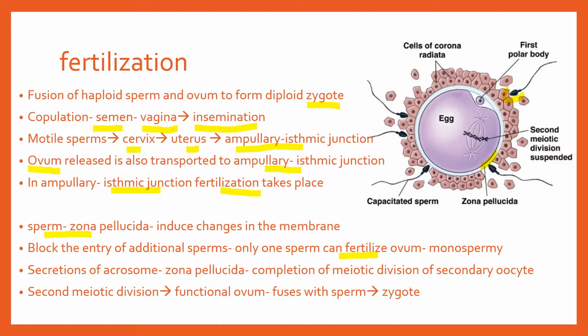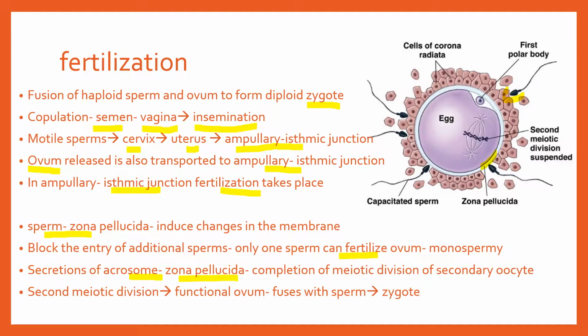After the entry of the sperm, the secretion of the acrosome makes the zona pellucida layer change, right? Then this ovum is not yet a functional ovum. It is a secondary oocyte.